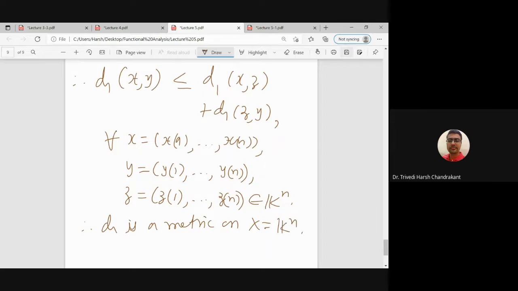So the last example is d2. Why is d2 a metric?